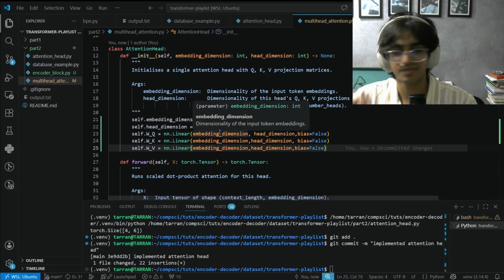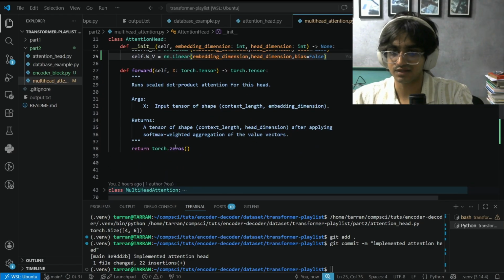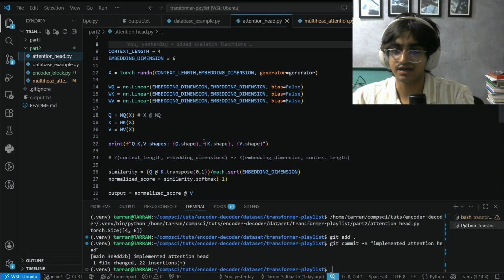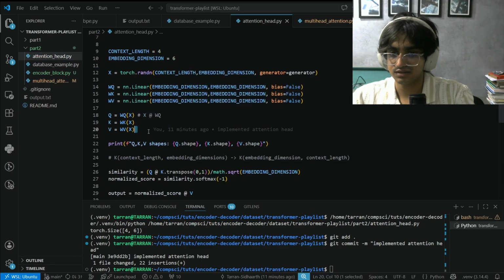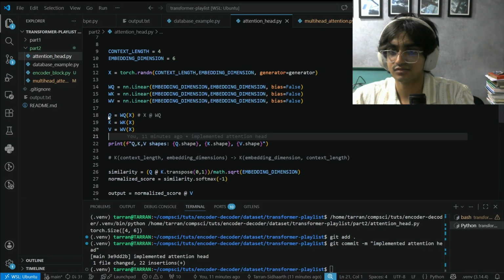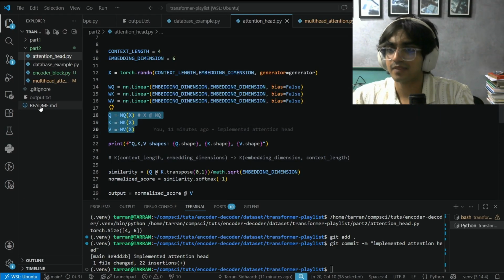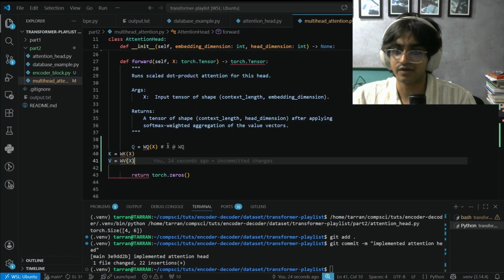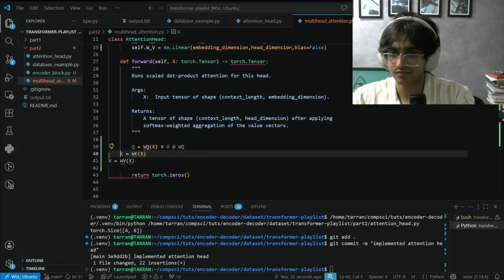And now for our forward pass, what do we do? A forward pass is essentially the same steps. So I'm just going to go back to the attention head and copy this. Sorry about that. Let's move back. We're going to compute this.